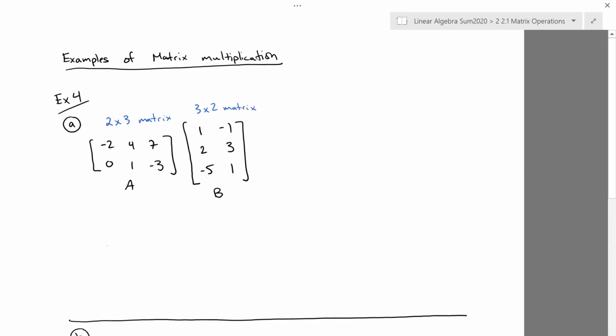So the first thing we should check is that the number of columns of A matches the number of rows of B, which it does. This is 3 and this is 3, so they're the same. The other thing we want to notice is the number of rows in A and the number of columns in B. That tells us the size of the resulting matrix, which is a 2 by 2 matrix.